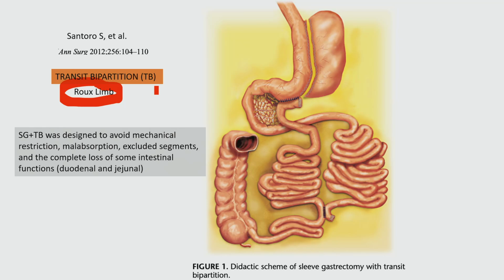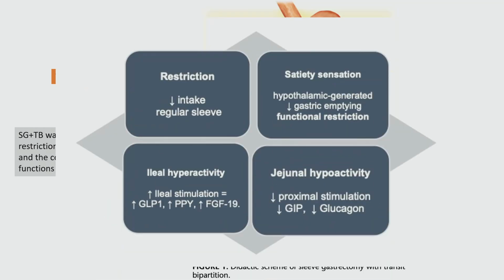This procedure was designed to avoid mechanical restriction, malabsorption, excluded segments, and the complete loss of some intestinal function like the duodenum and the jejunum. That was the initial idea.